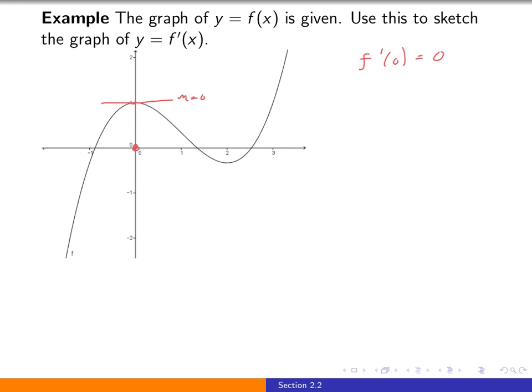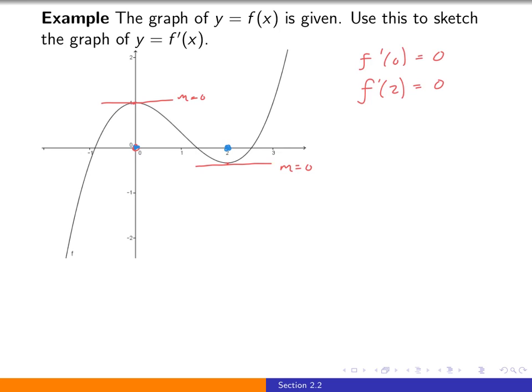Likewise, at the point 2, if we draw the tangent line, it is also horizontal. The slope of that line is 0, so f prime of 2 equals 0. When we draw our derivative, it's going to have a value 0 at 2.